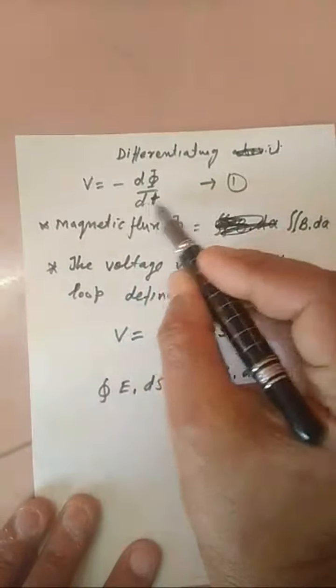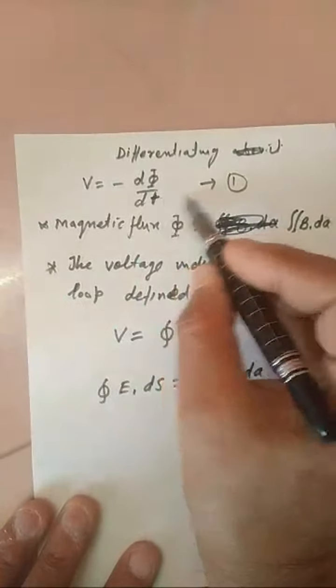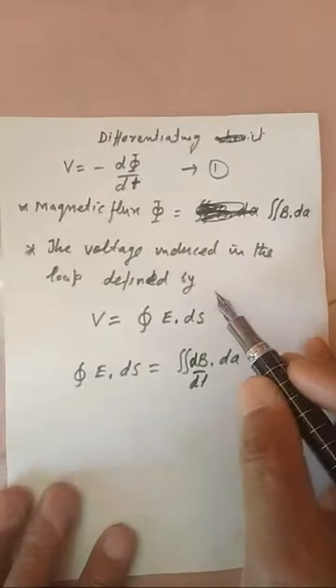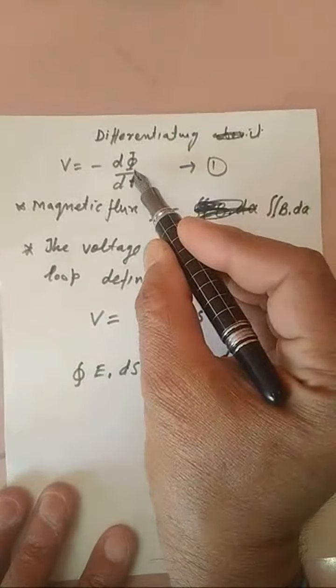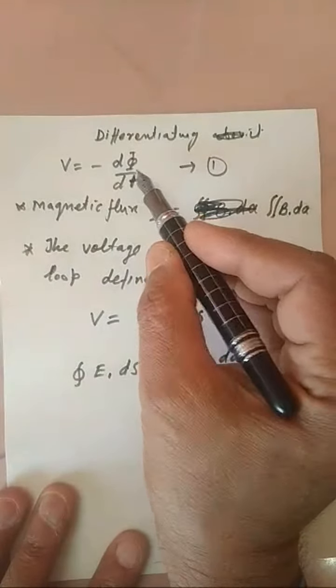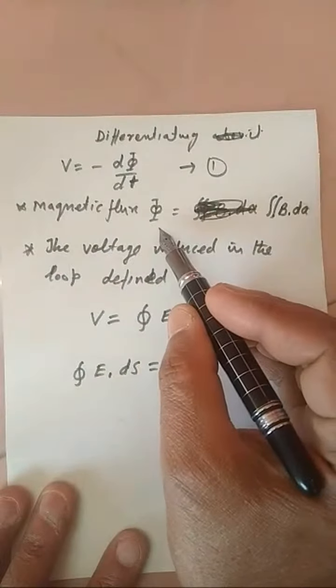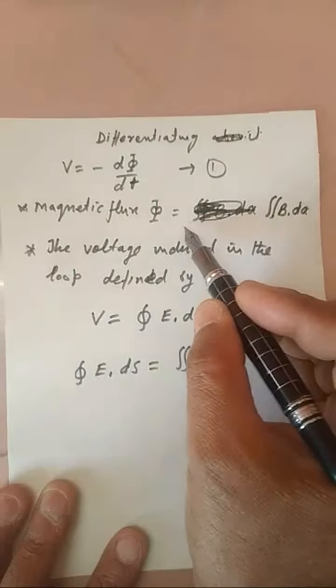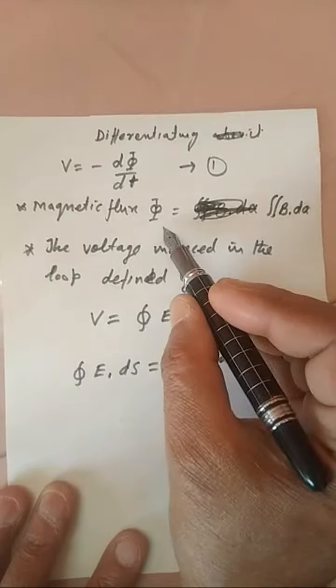and we call this Faraday's induction law, or Faraday's law. Phi is the magnetic flux which is linked with the loop, and we can write the expression for the flux in terms of integration.